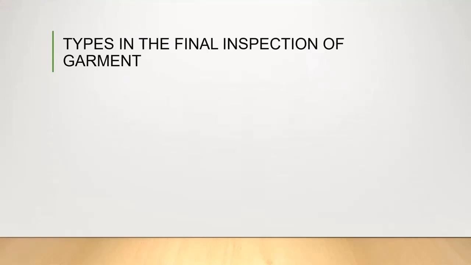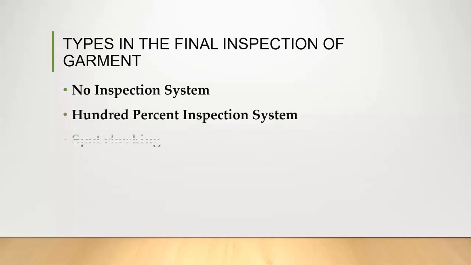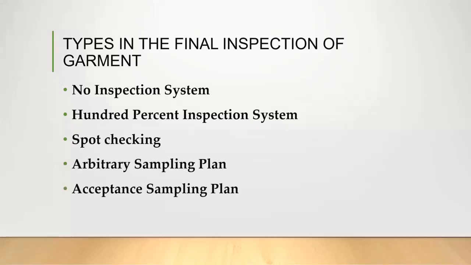Next are the types in the final inspection of the garment. What are the different types available in the final inspection of garment? I was talking about final inspection, when it is done, there can be different types. They are: no inspection system, 100% inspection system, spot checking, arbitrary sampling plan, acceptance sampling plan.